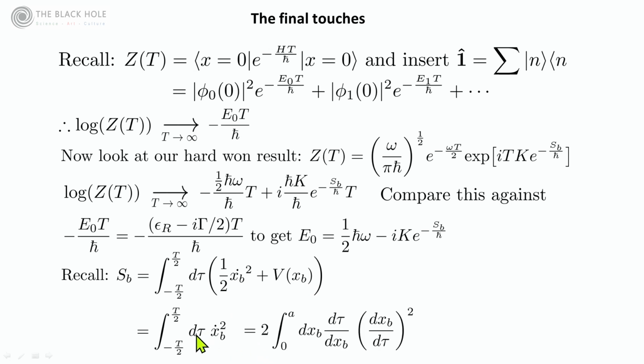So I'm going to take d tau, divide by dx, and then there's dx, and we go from 0 to a, but we also go from a to 0. So there's a factor of 2 over here, and so we are here. That's SB, the action for a single bounce. Single bounce action is determined entirely by the potential that we are considering.